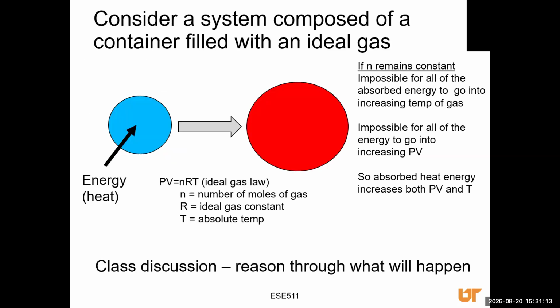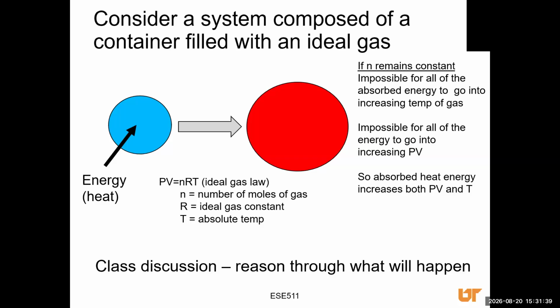We talked a little bit about this idea of putting energy in, for example, into an ideal gas, and that energy is going to go into both changing the temperature of the gas, and it's going to go into expanding the gas if it can expand, if it's in a chamber that can expand. And there I mentioned to you that when you look up specific heats for gases, you'll find two.